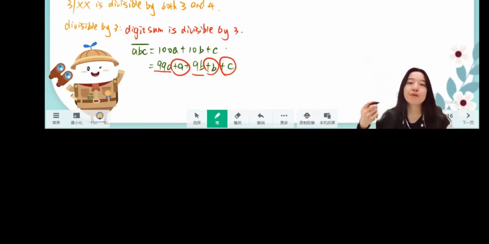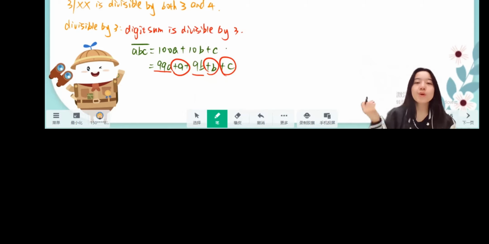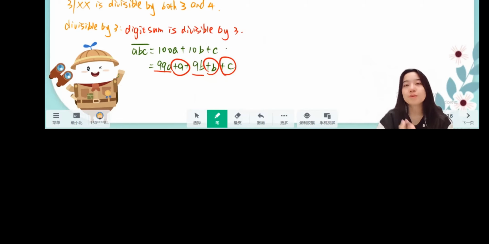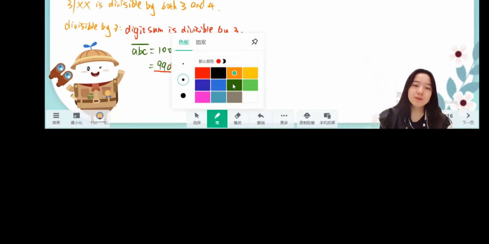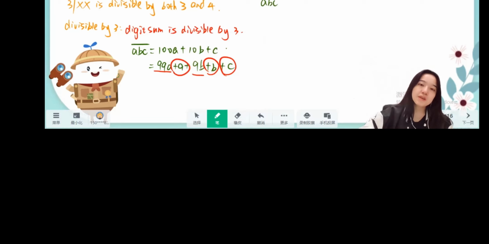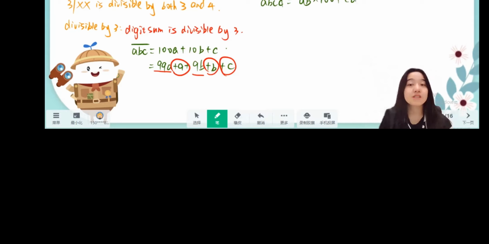Let's move on to the 4. Because 4 times 25 equals 100, 4 and 25 are called multiplication pairs. They're really useful. Also, in divisibility, we can use it. Like if there is a four-digit number ABCD, we can always split it into something times 100 added by the last two digits.